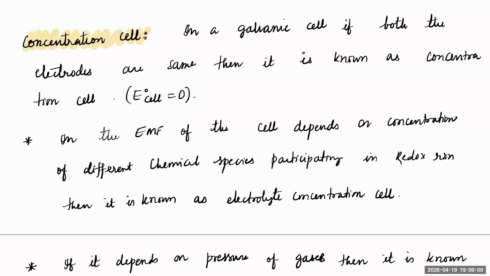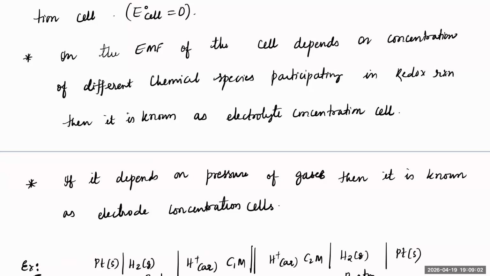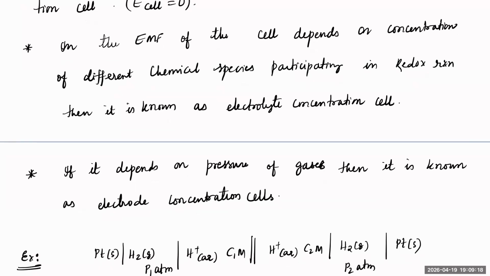Now, the EMF of the cell depends upon the concentration of different chemical species participating in the redox reaction. In that case, it is an electrolytic concentration cell. What does that mean? Basically, if the difference in concentration is the part that is playing the role here to give some amount of E cell value, then those are electrolytic concentration cells.